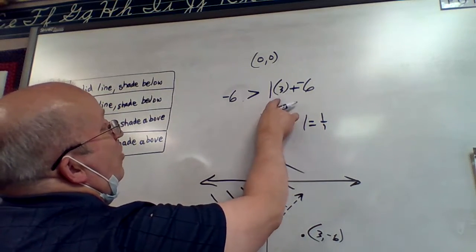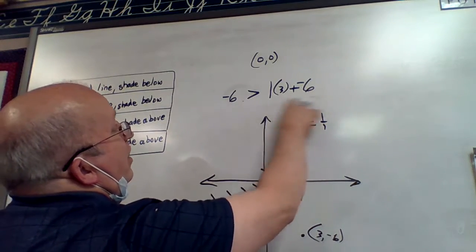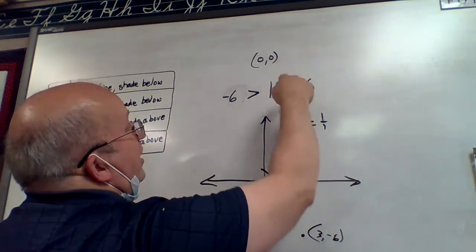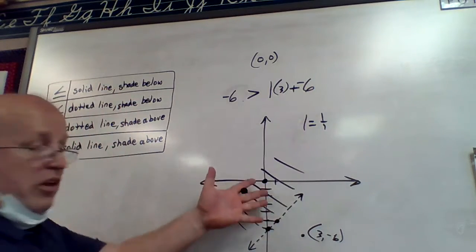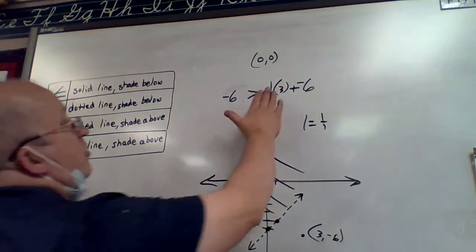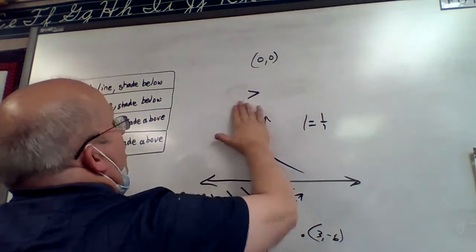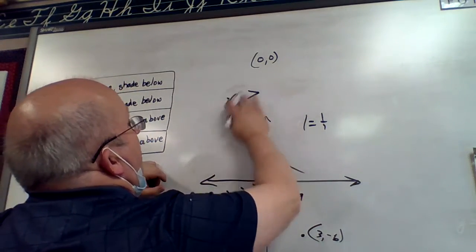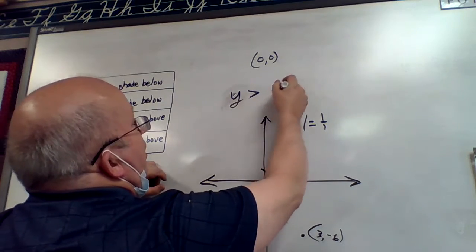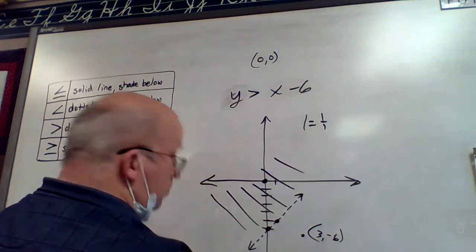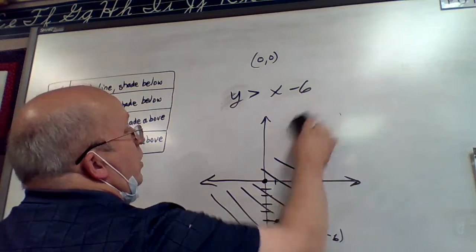Negative 6 is not greater than negative 3, which is what that equals. So this is the graphing of the equation that we originally had up here. I'll show it again. It's going to be y is greater than x minus 6.